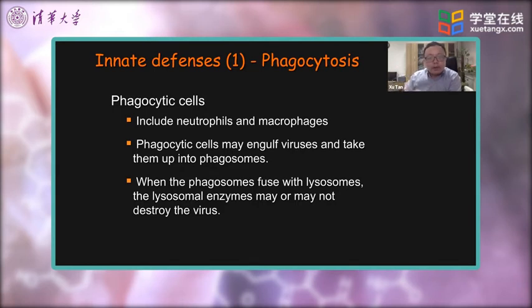They move around and look for dirt, such as bacteria or viruses, and basically suck up those foreign microbes. These cells include neutrophils as well as macrophages. They can engulf viruses and take them up into phagocytes.